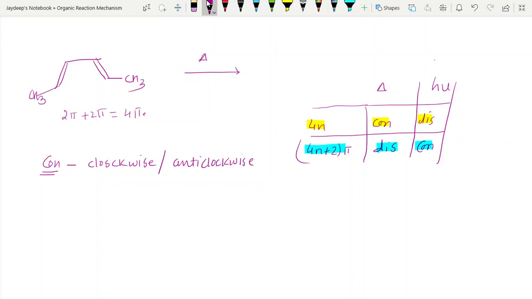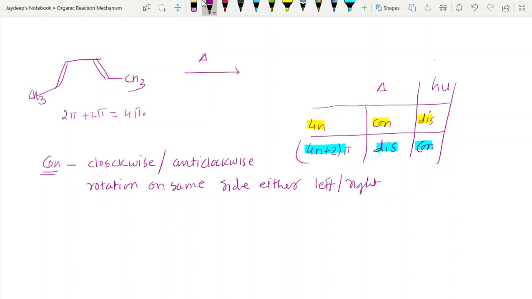It should be the rotation on the same side. Either you can rotate on the left hand side or on the right hand side. Rotation should be on the same side, either left or right hand side.